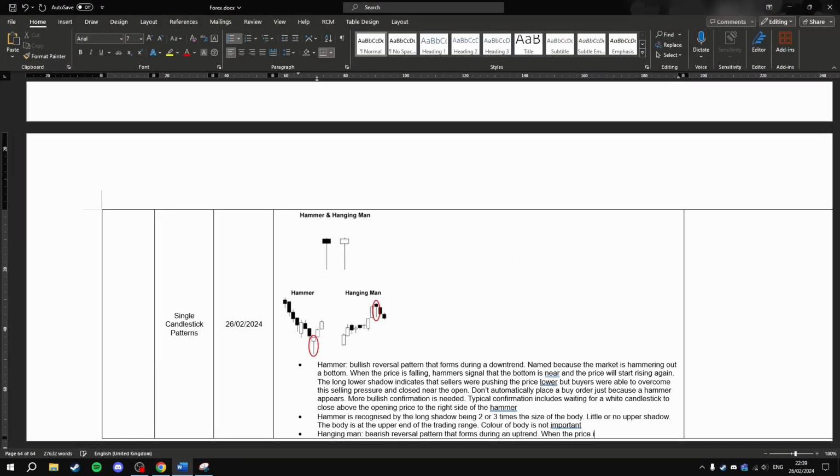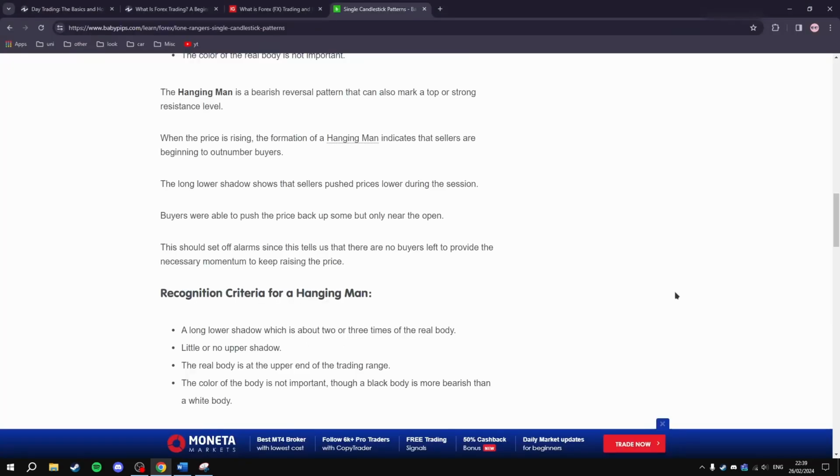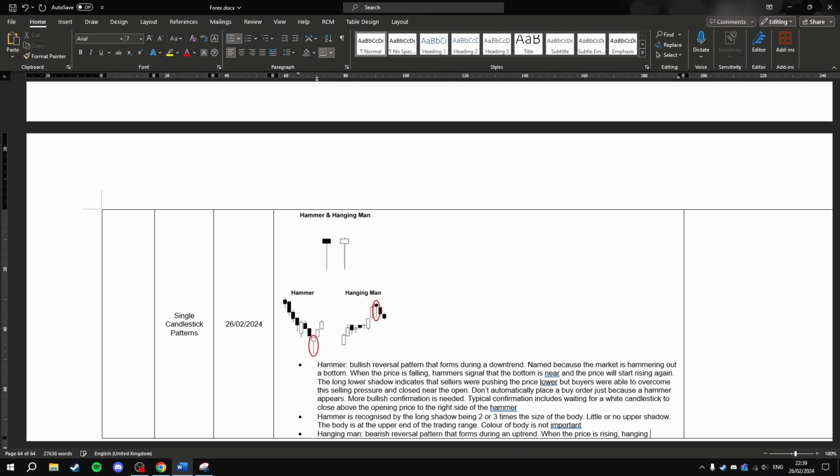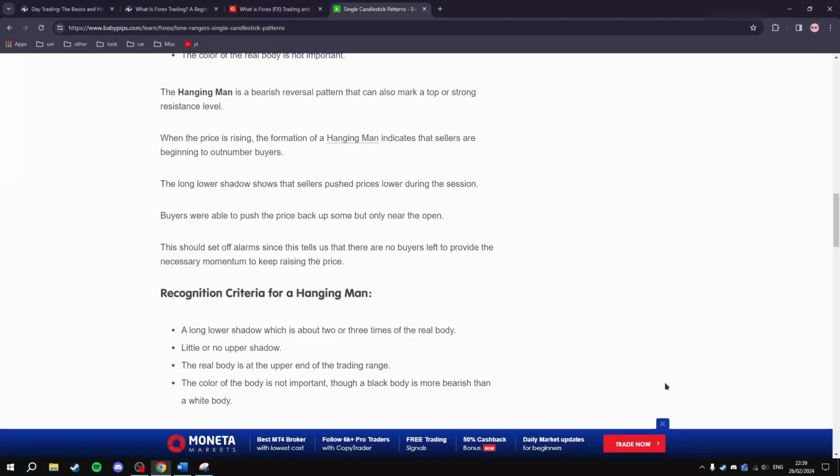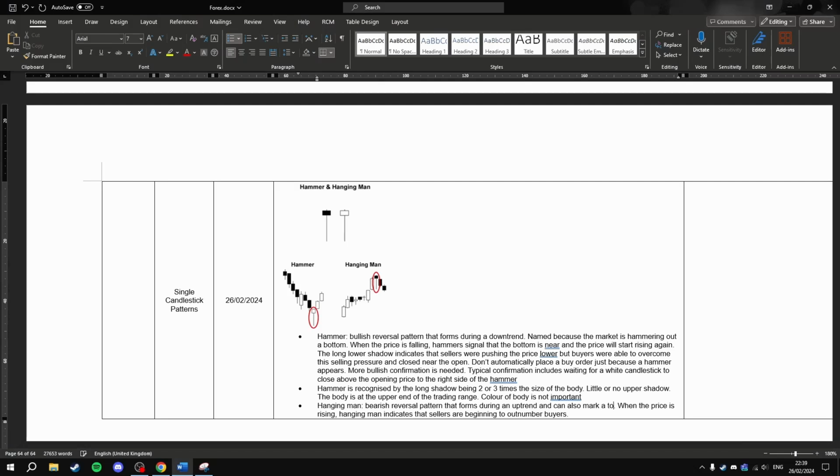When the price is rising, the hanging man indicates that sellers are beginning to outnumber buyers, and can also mark a top or strong resistance level.